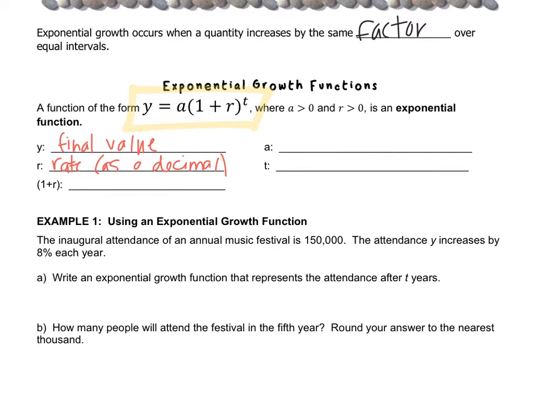A is the initial amount, and t stands for time. Typically it's in years, but occasionally it's not, and then they would tell you in the story. The expression 1 plus r is called the growth factor.